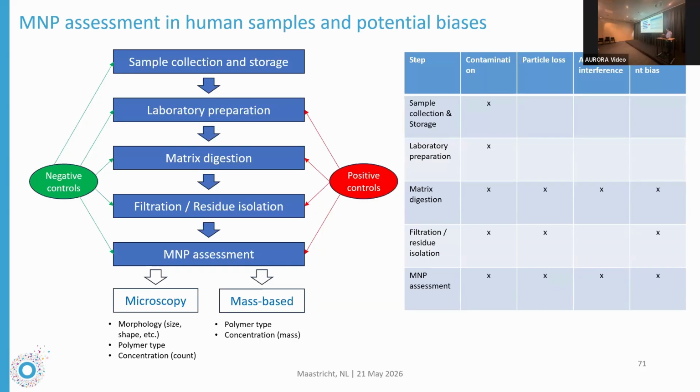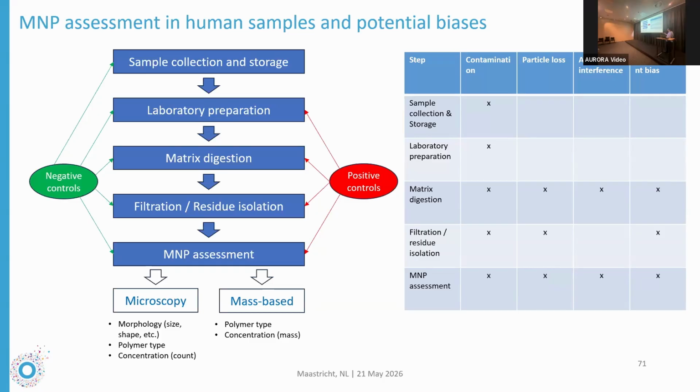On the other hand, mass-based methods represented by pyrolysis GC-MS can also be used to identify polymer type and the concentration, for example in micrograms per sample unit. But because they do not rely on observation of the actual particles, they cannot provide information on the physical properties.